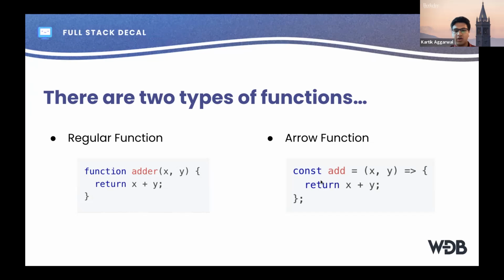In our case, since we're just returning x plus y, you can remove the curly braces and just write x plus y and remove the return word as well. That works when defining an arrow function, but the curly braces are required if you want to do multiple computations.